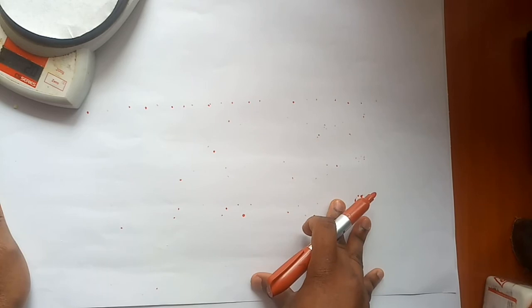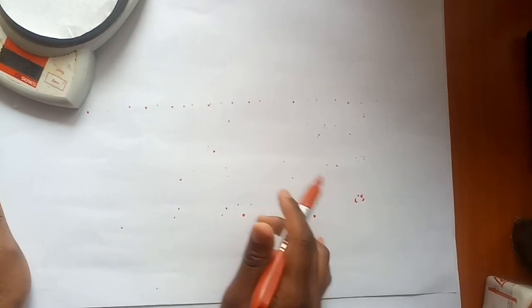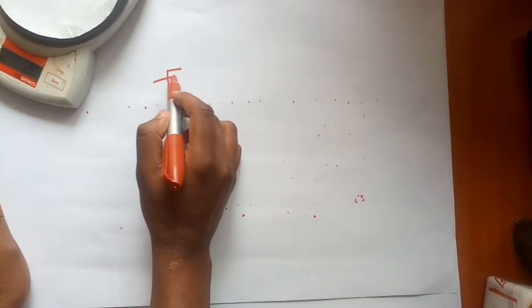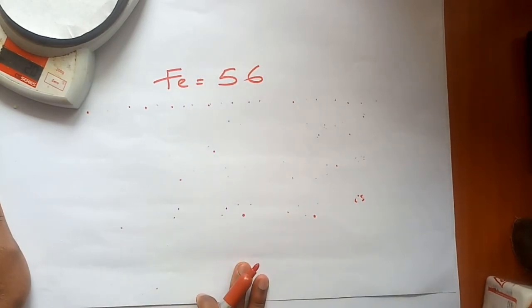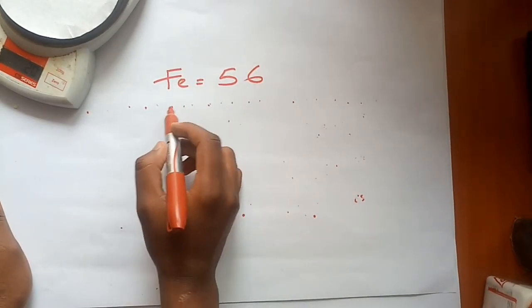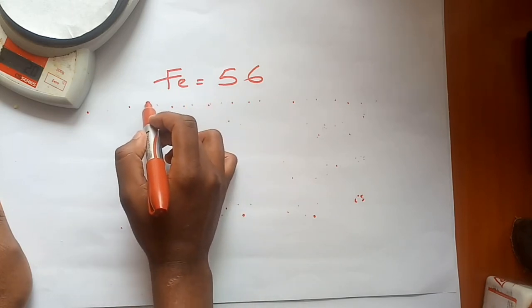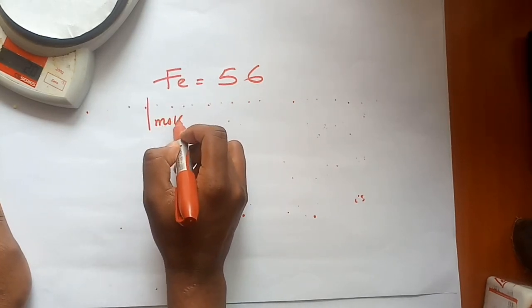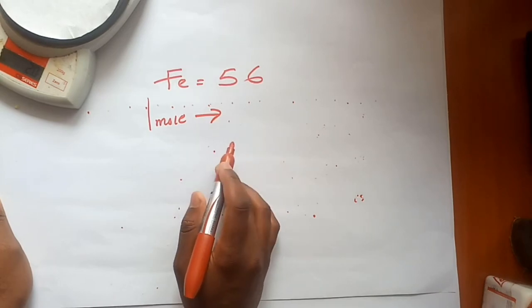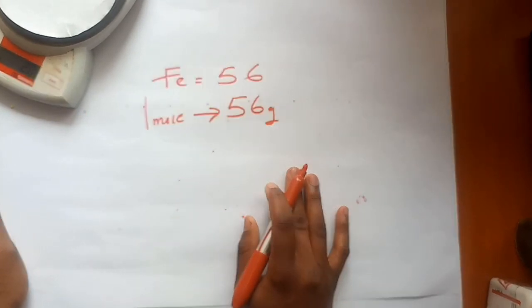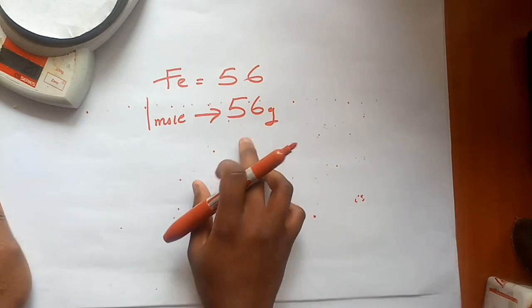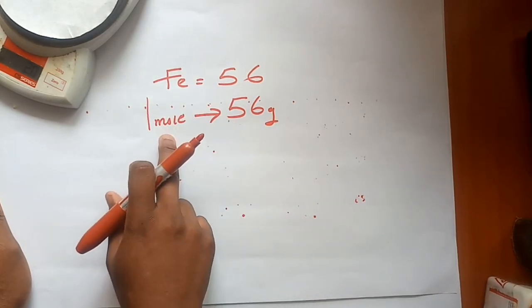I told you you'll always be given the RAM. The RAM of iron is 56, right? Therefore, 1 mole of iron has how many grams? 56 grams.